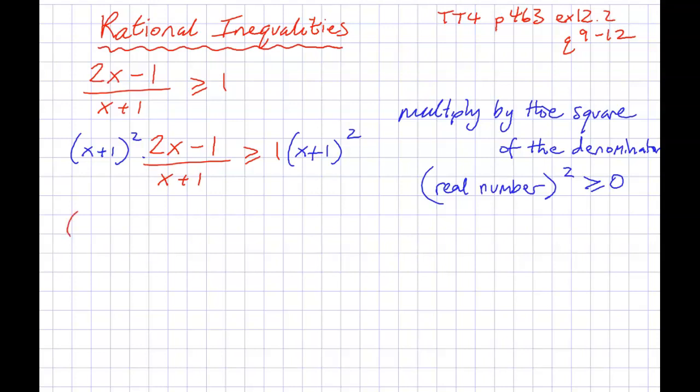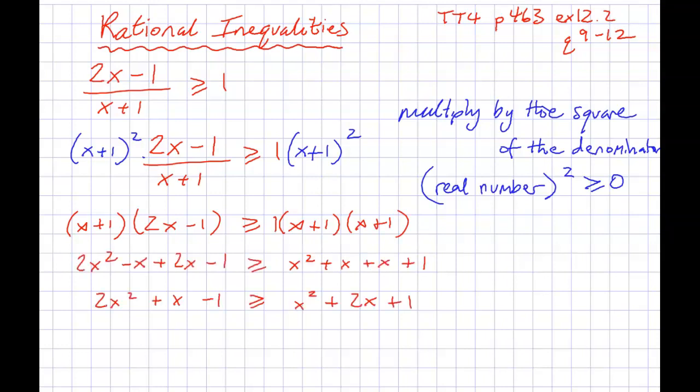Effectively, what we're dealing with is x plus 1 multiplied by 2x minus 1 on the left-hand side. On the right-hand side, we've got 1 multiplied by x plus 1, x plus 1. That's what's actually going on. So let's multiply it out. Once we've tidied it up and have 0 on one side of the inequality, we end up with x squared minus x minus 2.